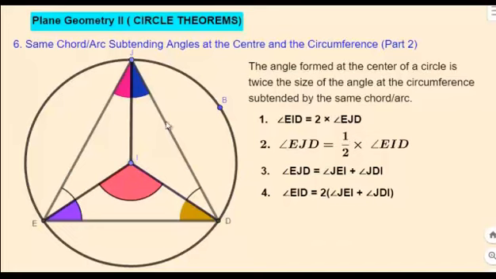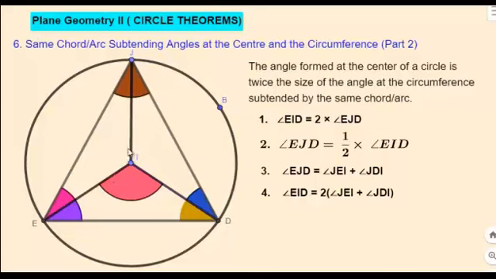Let me take those angles back to their position. Now, we are going to take JE as our chord. When JE is taken as the chord, it would subtend 2 angles: the angle at the center, that is JIE, and the angle at the circumference, that is JDE.